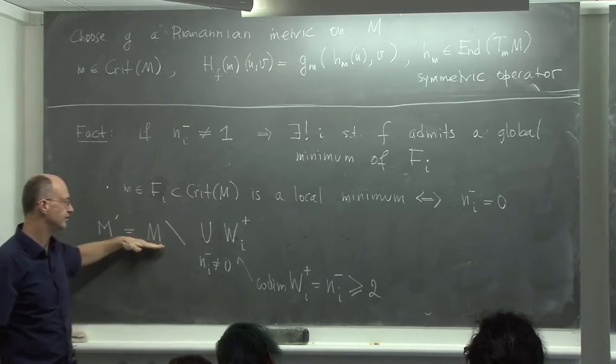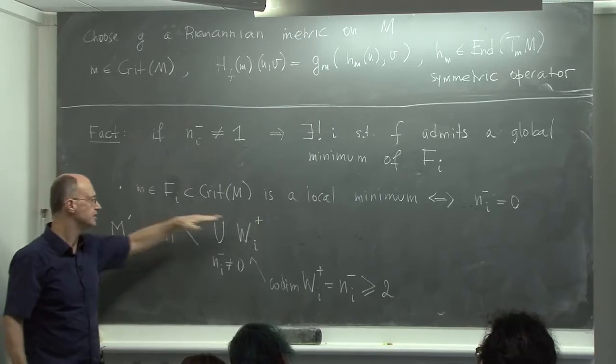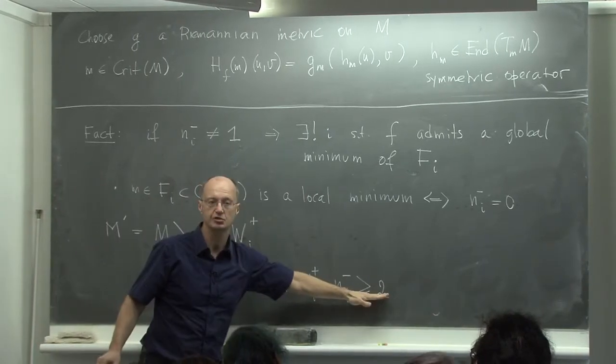This means that we take away from the connected manifold M some number of submanifolds of codimension at least 2.